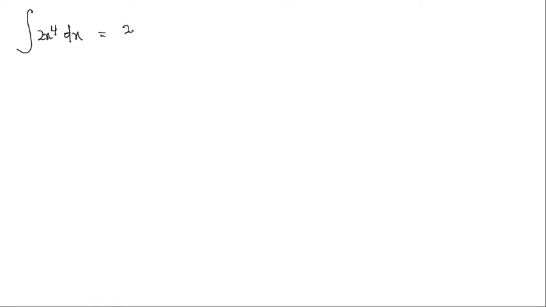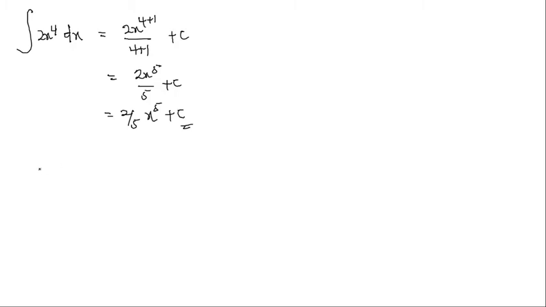So it will become 2x power 4 plus 1, all over 4 plus 1. Then we add a constant c, because it is an indefinite integral. So this becomes 2x power 5, all over 5, plus c as our answer. Or if you like, you can bring it out: 2 over 5 x power 5 plus c as the answer for our integration.